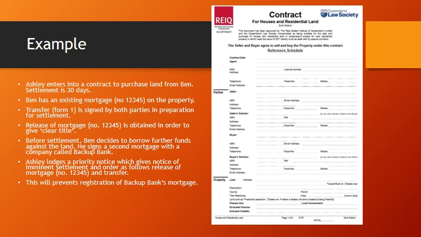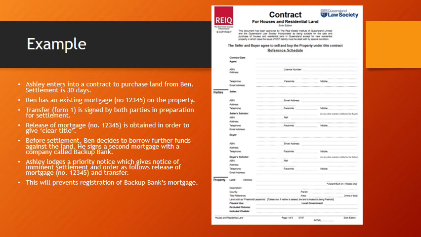So let's just say in our hypothetical example, before settlement, Ben decides to borrow further funds, right? So he signs a second mortgage with another bank called Backup Bank. And in order for Ashley to preserve the priority of documents to be lodged in the upcoming settlement, she then lodges a priority notice, that form I was talking about before, which gives notice that settlement is about to occur, and it stops any other dealings happening with the registry.